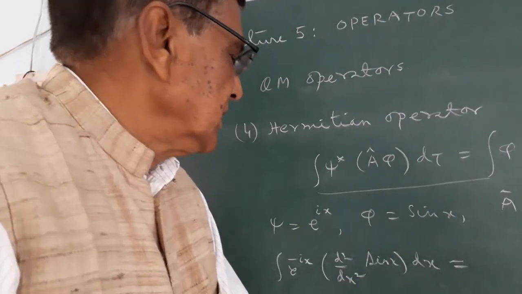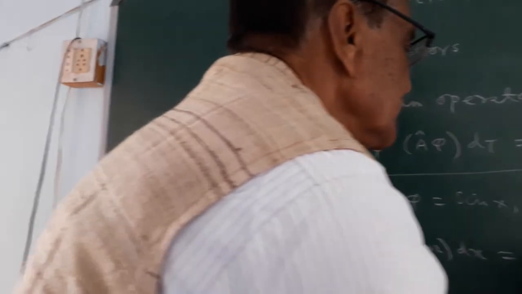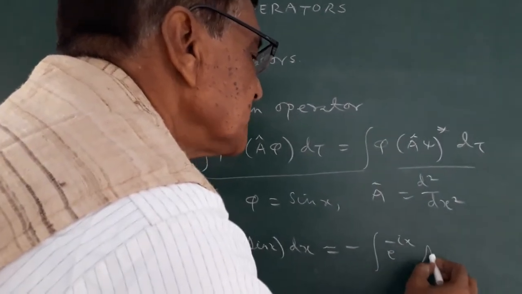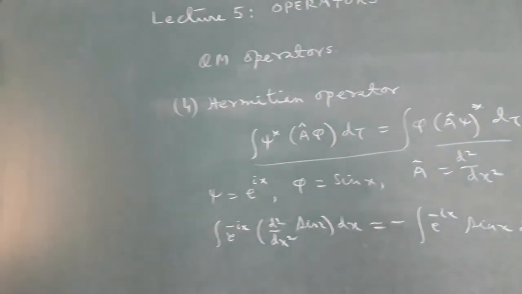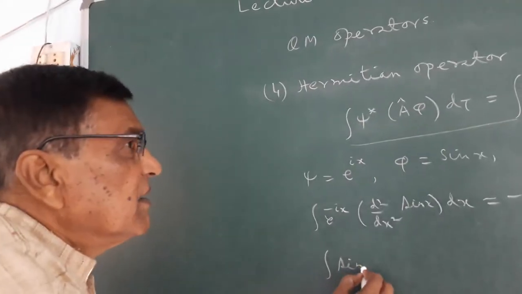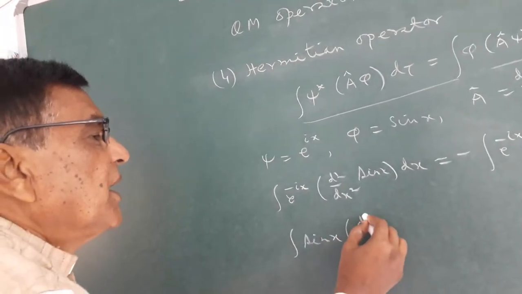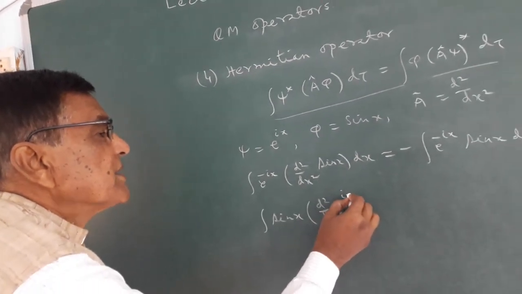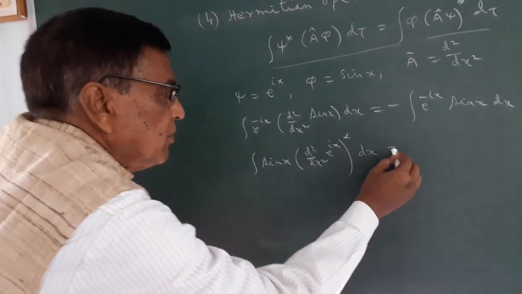Whenever sin x is differentiated twice with respect to x, it will give minus sin x. So we get minus the integral of e to the power minus ix and sin x dx. On the right-hand side, instead of phi we write sin x and d²/dx² on e to the power ix, with complex conjugate, dx.